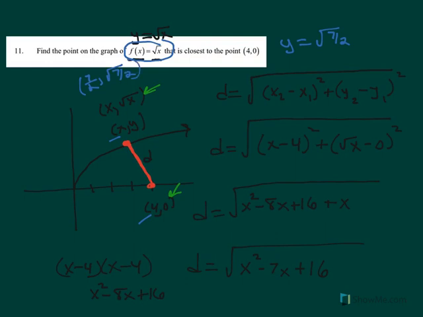And then go back and make sure we answer the question. It says find the point on the graph of that function that is closest to the point 4, 0. So they wanted the point, and there is our point. There is our ordered pair, where we would minimize that distance from 4, 0 out to the curve.